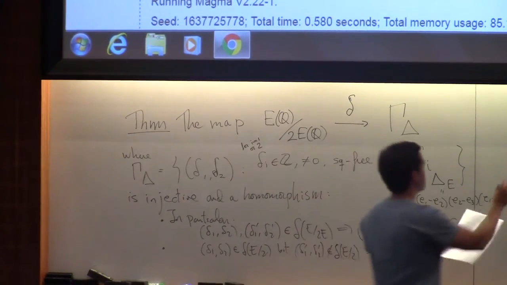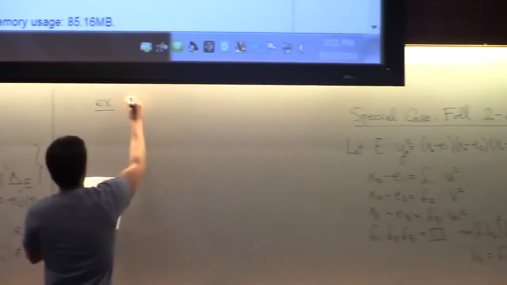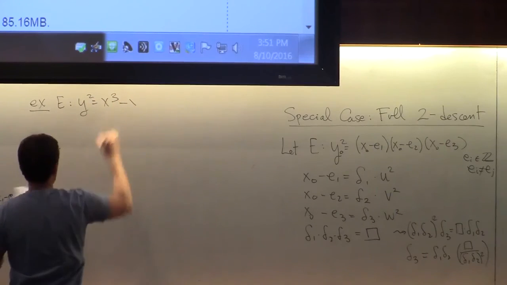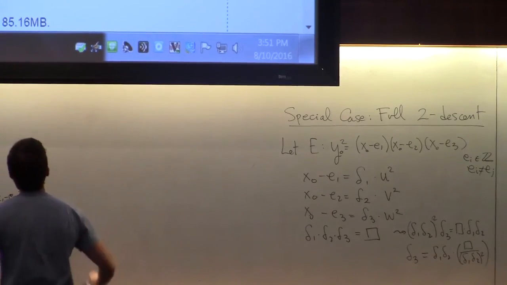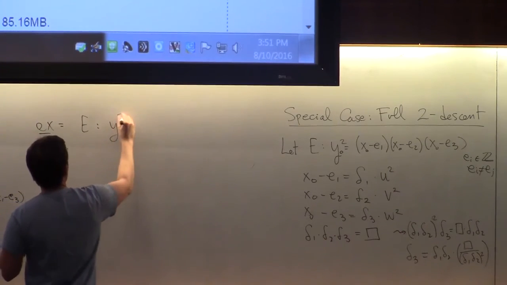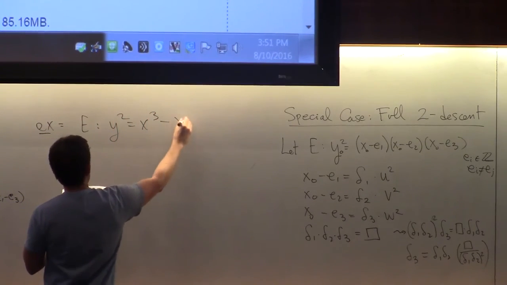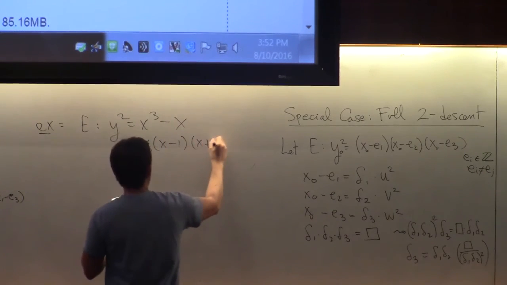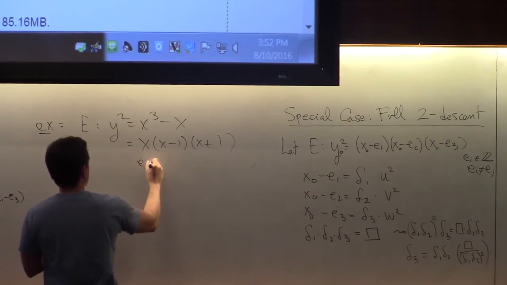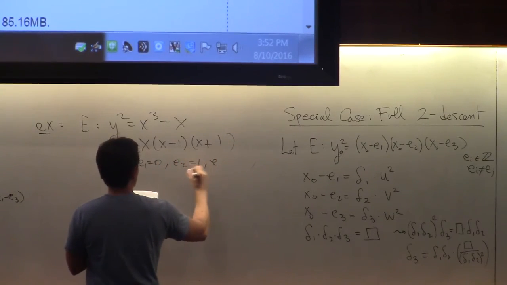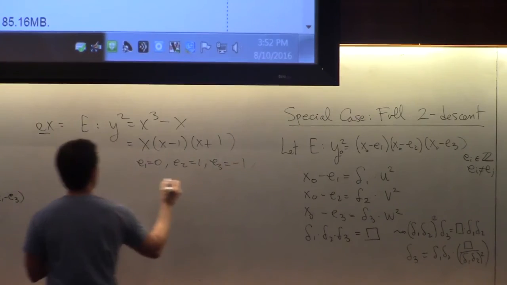So what happens is that if you take E to be y squared equals x cubed minus x, then this is x times (x minus 1) times (x plus 1). And I can take e1 to be 0, e2 to be 1, e3 to be minus 1.